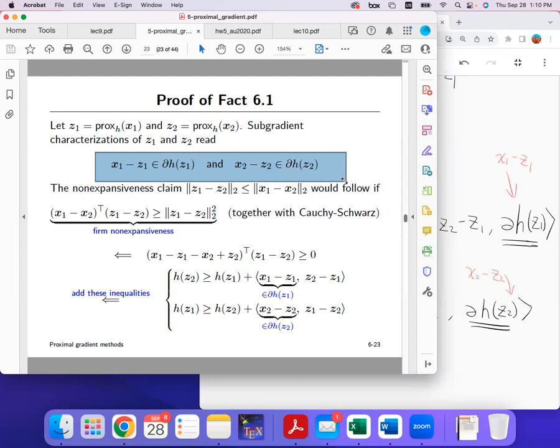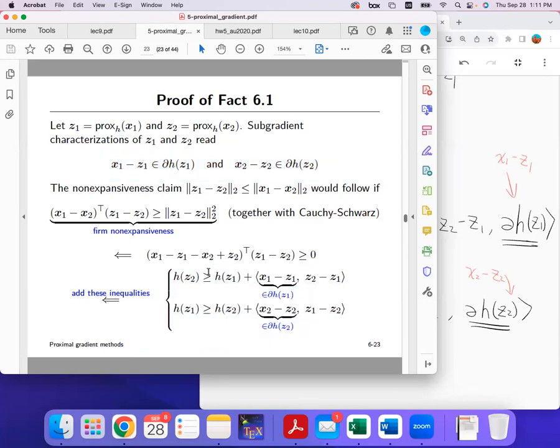This shows that if Z1 is the proximal mapping of x1, then Z1 and x1 must satisfy this inclusion property. So we use convexity and we use this optimality condition associated with the proximal mapping. These two technical tools together give us these two inequalities.